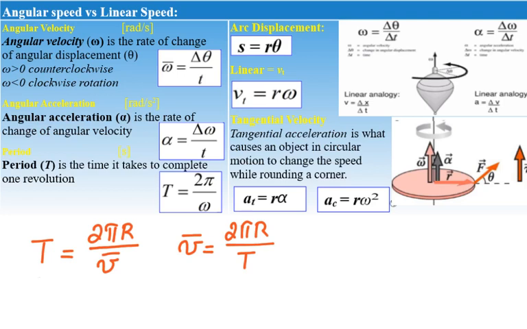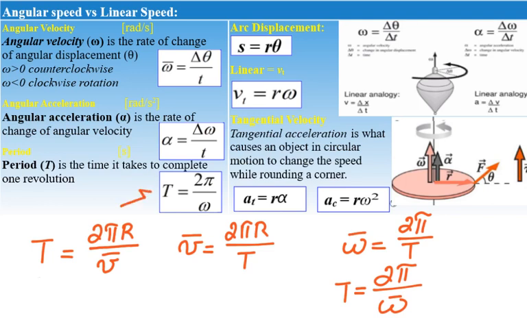The same is going to happen for angular velocity. Angular velocity is equal to 2 pi, the angle traveled around the circle one time, one full revolution, over the time. The period is the time it takes to make one full revolution, equal to 2 pi over the angular velocity. So you see this formula.